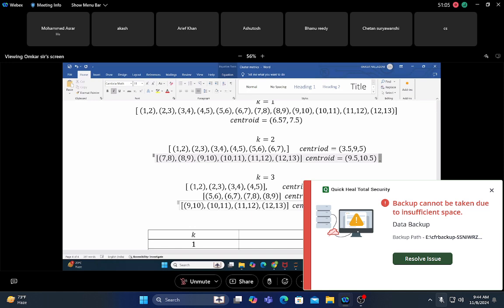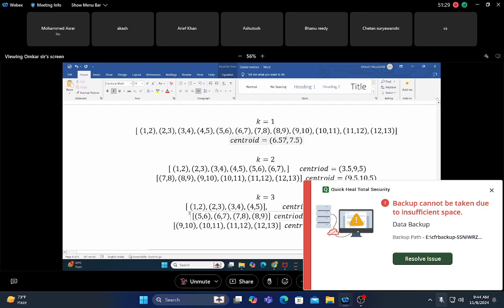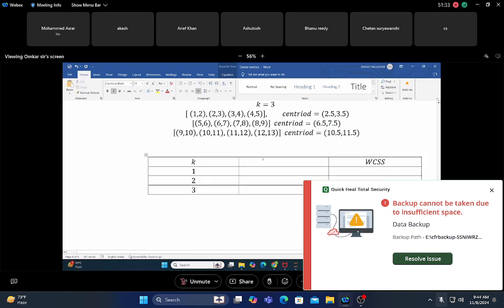Rahul? 6.5 comma, the second one is what? You have done the second one also, the same. You are working on this. Very good.